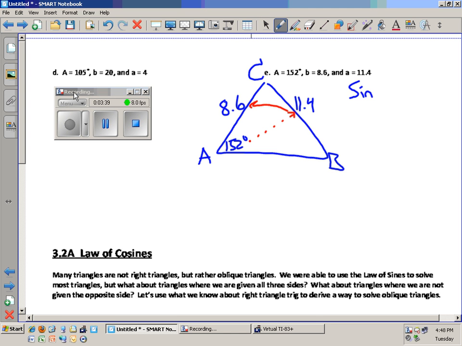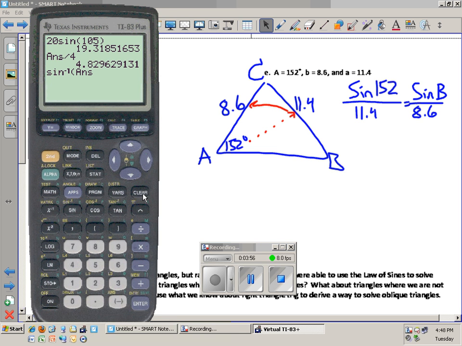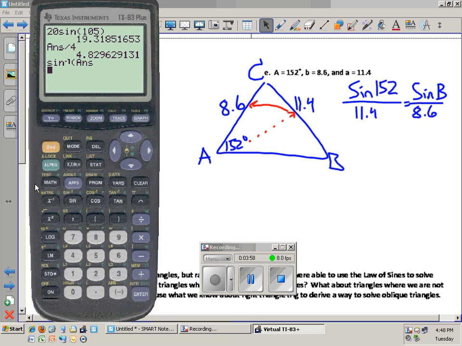The sine of 152 over 11.4 is equal to the sine of B over 8.6. I go to solve for that. 8.6 times the sine of 152.